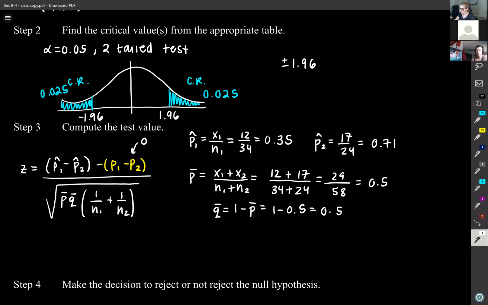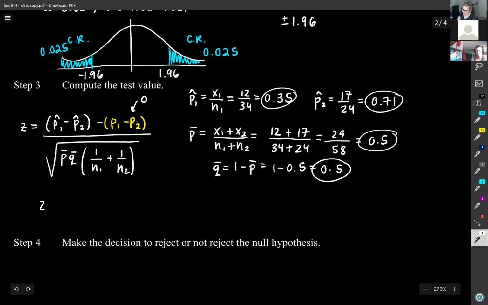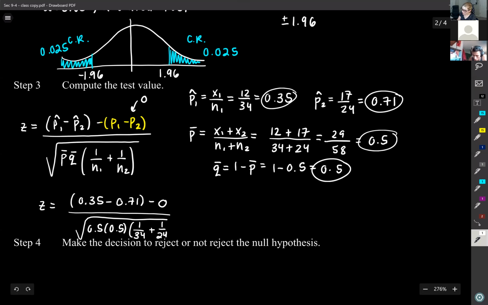Okay, so now we have all these things that we need. So we have p1 hat, p2 hat, p bar, and then q bar. So now it's just a matter of plugging them in. So we get z is equal to 0.35 minus 0.71 minus 0 over the square root of, let's see, 0.5 times 0.5 times 1 over, and n1 was 34, plus 1 over 24.